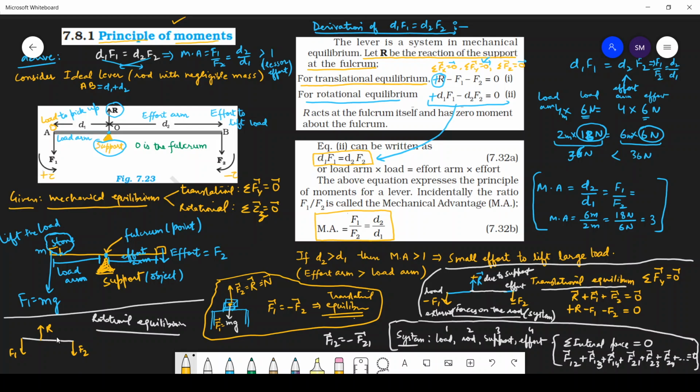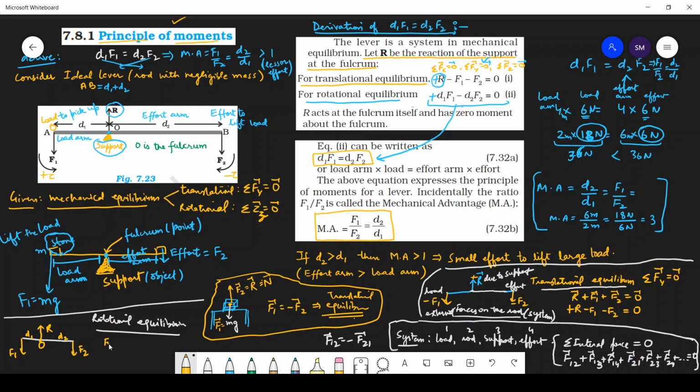Okay, and this is the distance from the origin I need to take. So this distance is D1, perpendicular distance. This is D2. If any force is acting over here at R, then here torque is 0. Why? Because R is equal to 0.